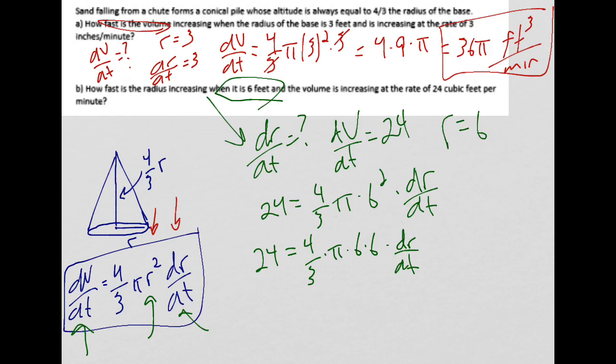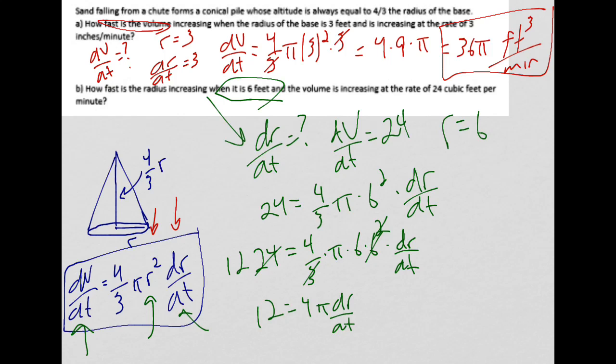So first thing I see is this cancels with that and gives me a 2 instead of a 6. Then that 2 divides into this and gives me a 12. Now I'm going to rewrite it, so I get 12 equals 4 pi times 6 dr/dt.